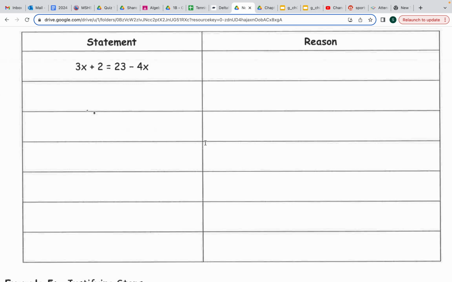I want you to try this on your own. So solve it and give me the reason for all of the steps. So go ahead and do that real quick, and then we will talk about that together.